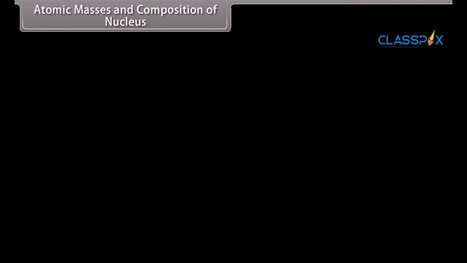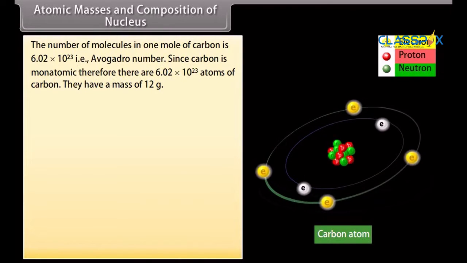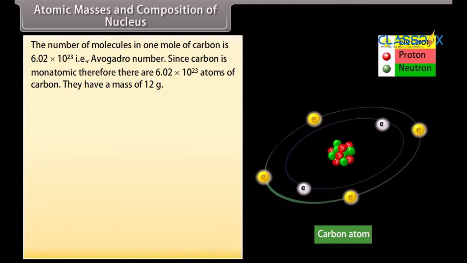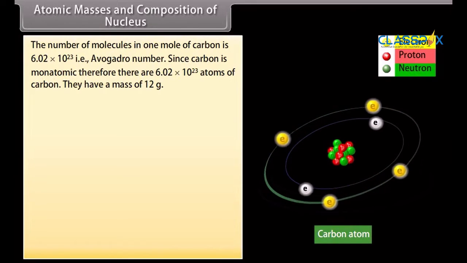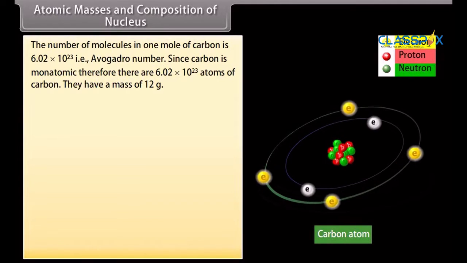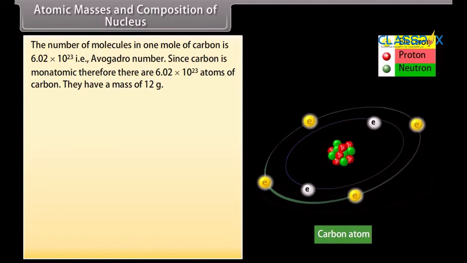Atomic masses and composition of nucleus. The number of molecules in 1 mole of carbon is 6.02 into 10 raised to the power 23. That is Avogadro number. Since carbon is monoatomic, therefore, there are 6.02 into 10 raised to the power of 23 atoms of carbon.